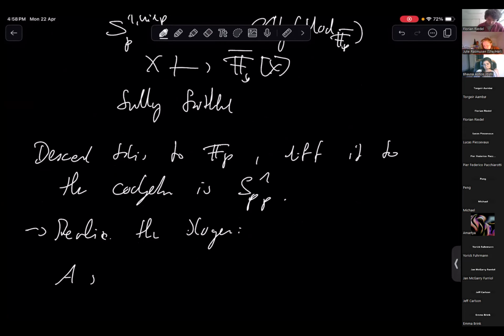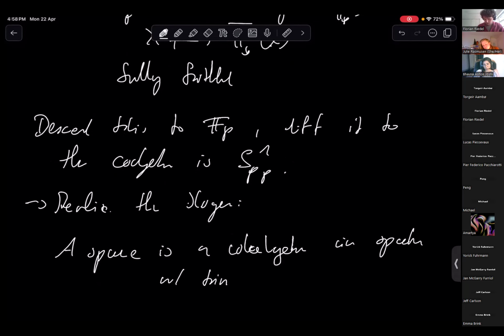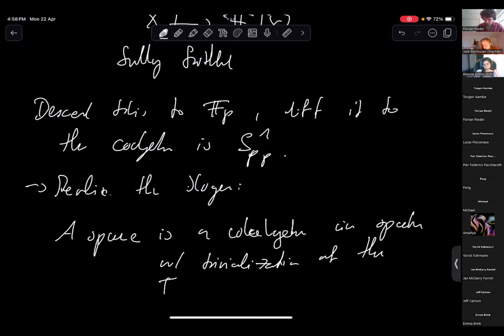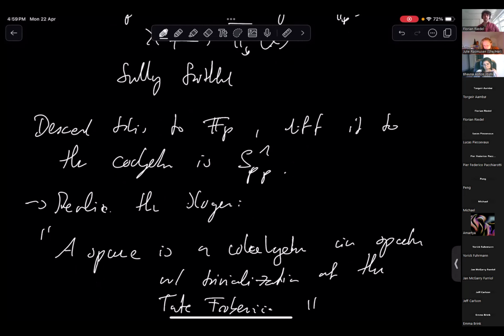basically a space is a coalgebra in spectra with trivialization of the Tate diagonal. Now this is just a slogan at this point, but there is a coalgebra Frobenius, which is better behaved over the sphere.